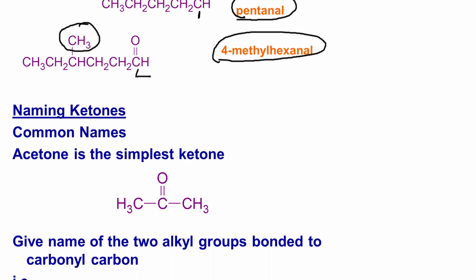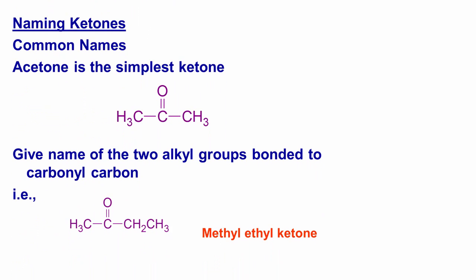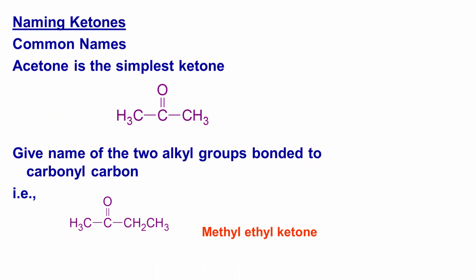Now let's name the ketones. Common names: the most common ketone that we know is acetone. This is the simplest ketone. Notice again, in a ketone, the carbonyl carbon is bonded to 2 other carbons, so there is no hydrogen on the carbonyl carbon.